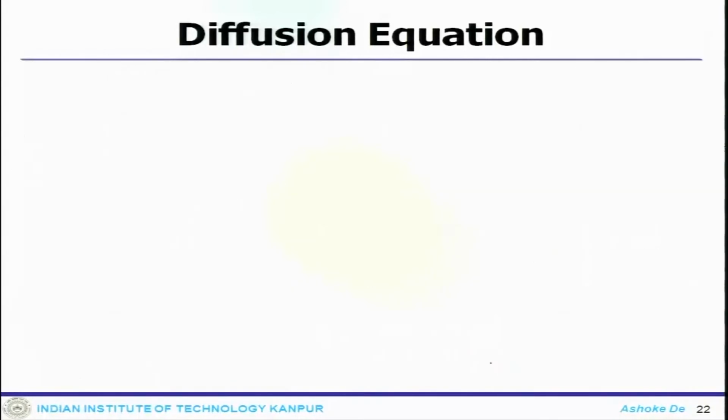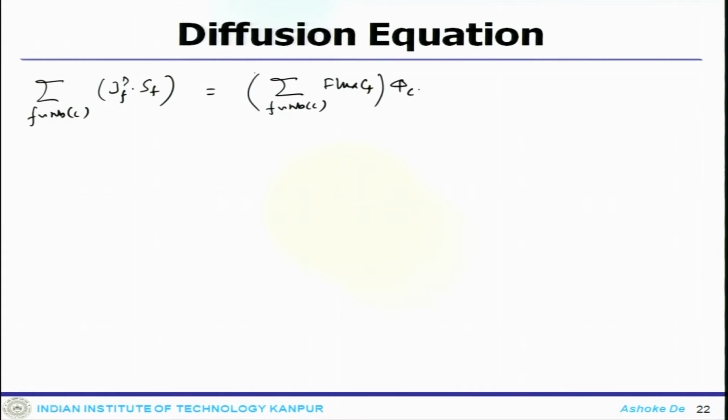Now, if you expand it slightly more, what we have at the left hand side is the flux going for all the faces, and after decomposition we get summation over all the faces flux Cf phi c, plus summation over all the faces flux Ff phi f, okay.